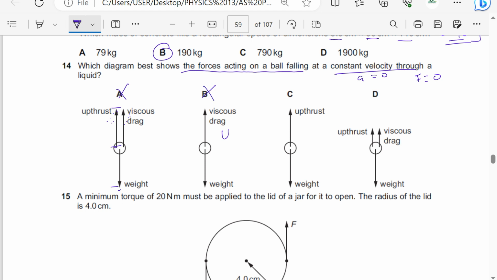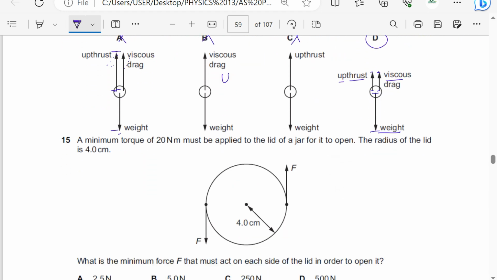Here viscous drag is missing because it is moving. So the answer is going to be D. When we add the upthrust plus the viscous drag, we should get the weight. So when you combine these two, the length of these two arrows, you're most likely going to get the length of this arrow here. So this is showing resultant force being 0. So the answer is D.